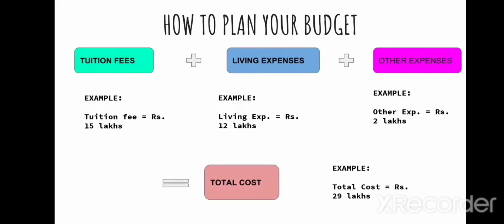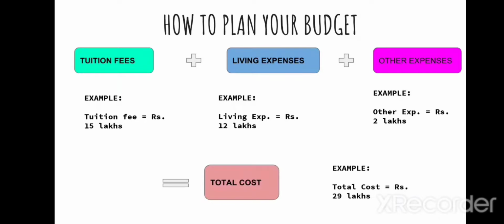because once you know you have finance, then only you can do something, right? But if you are facing financial issues and you have limited funds, here I have mentioned in the example that the total cost comes up to 29 lakhs, but in case you are getting just 15 lakhs for that particular country, then obviously you will have to go for other countries in which you can cover your tuition fees, living expense and other expenses in that amount itself.